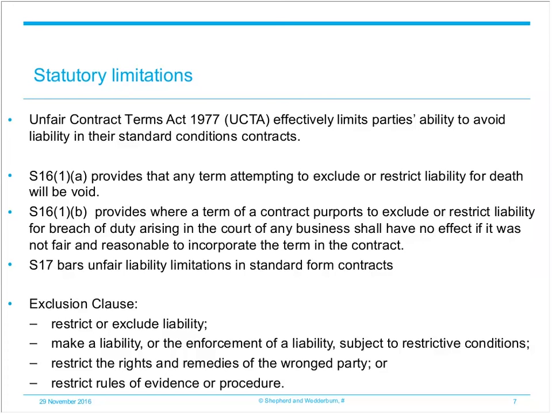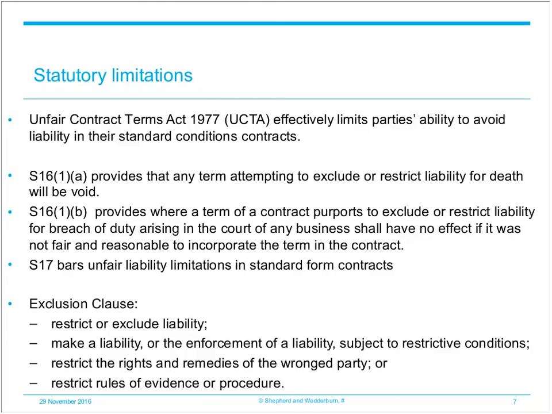reasonable. Now, UCTA doesn't define what is meant by either an exclusion or exemption clause, but generally they can be considered as clauses that attempt to either restrict or exclude liability, or make a liability or the enforcement of a liability subject to restrictive conditions, or restrict the rights and remedies of the wronged party, or lastly, restrict rules of evidence or procedure.